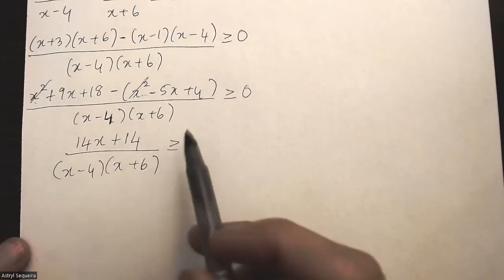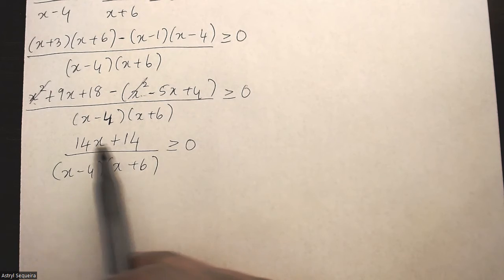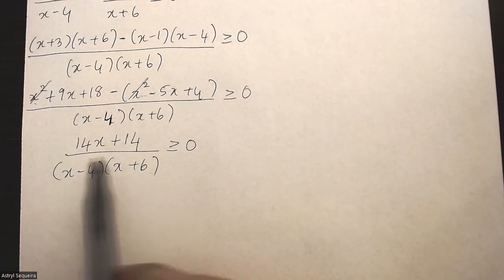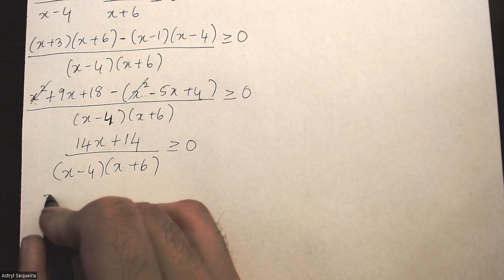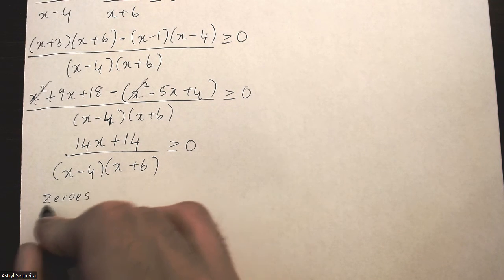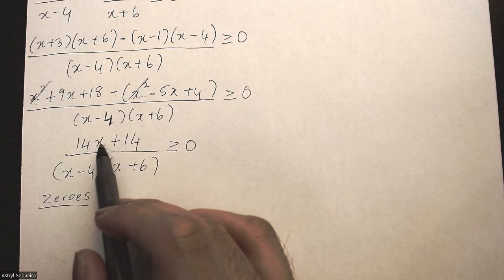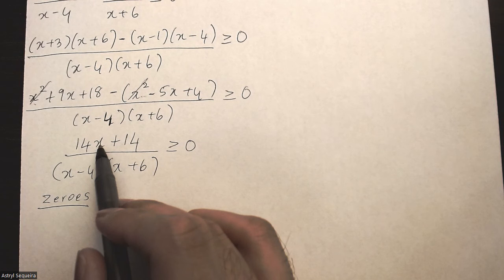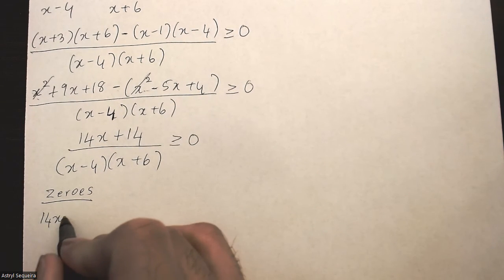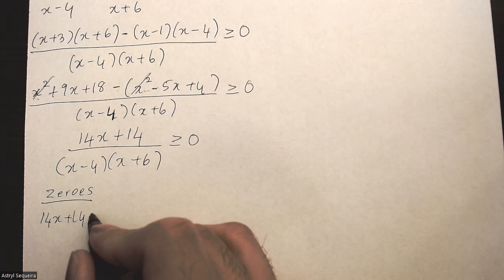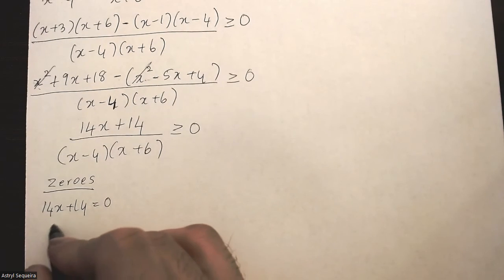And now that this is fully simplified, we can tell the solutions to the top are the zeros and the solutions to the bottom are the vertical asymptotes. So let's start with the zeros in this question. I'll show the steps here really quick for this first question, but I won't do it for all of them because you should be able to tell zeros instantly.